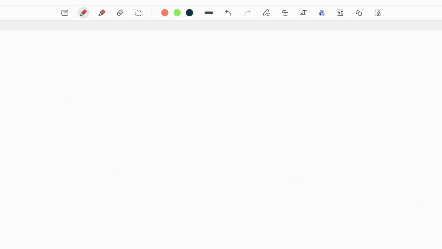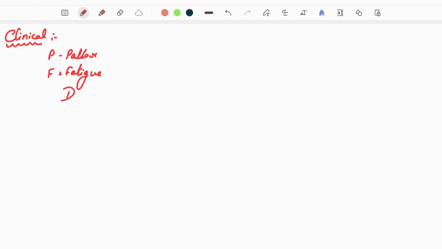So these are the clinical features you can observe in your patient if he is having iron deficiency anemia. First one is pallor, because of low amount of blood. Next one is fatigue, also because of low amount of blood. Next one is dyspnea, he may not get an appropriate amount of air supply, and palpitations.